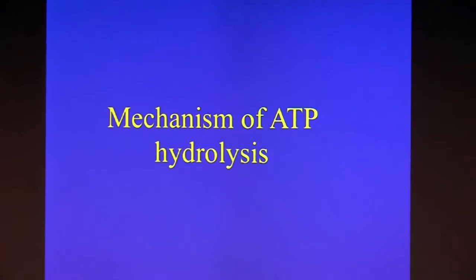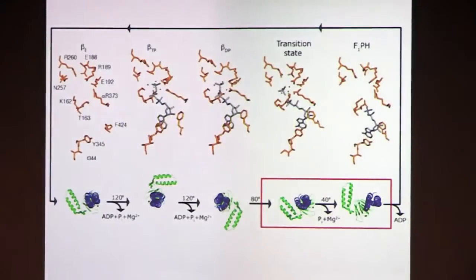So what do we know about the mechanism of ATP hydrolysis? Well, what I've shown here is one of the catalytic sites of the enzyme, and I've shown what happens to it as these 120-degree rotational steps take place. So we start out here with a state that's empty. This is Paul's open state when no nucleotide is bound.